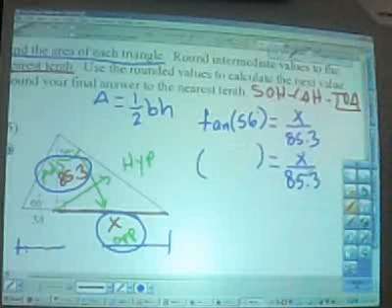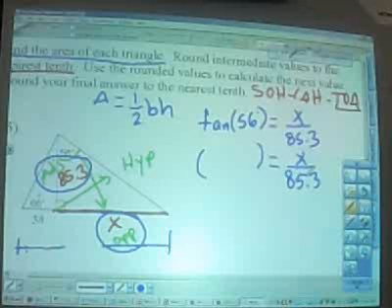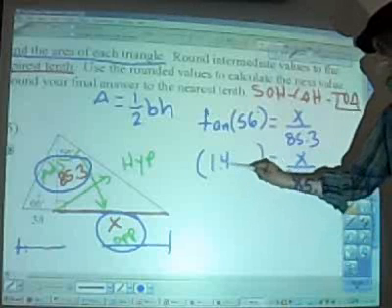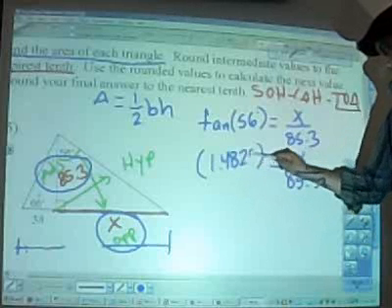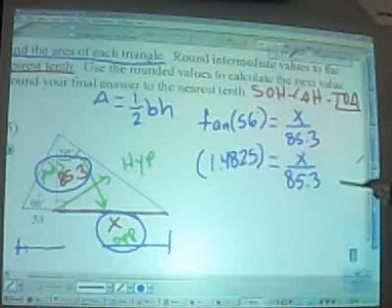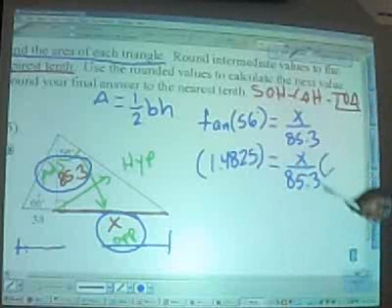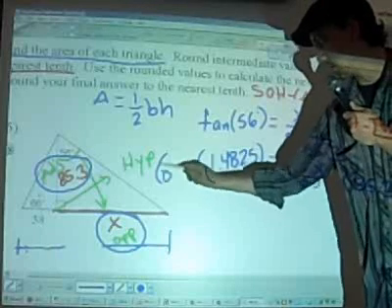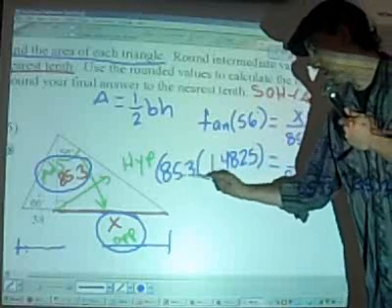So I hit tangent of 56, and I get 1.4825. Alright, and so now what I'm going to do is multiply both sides by, like we usually say, multiply by what's on bottom. So I got 85.3. And this side is going to be multiplied times 85.3.